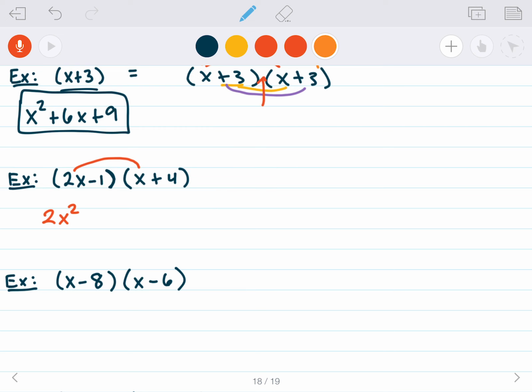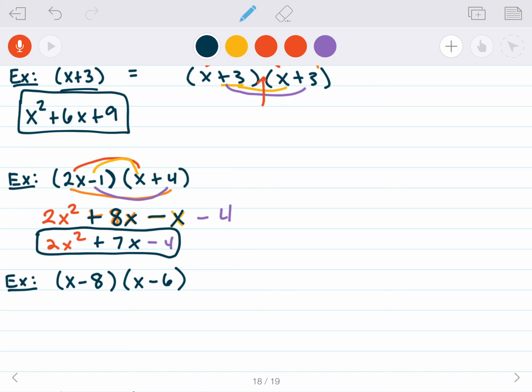Outer, 2x times positive 4 is a positive 8x. Inner, negative 1 times positive x is a negative 1x. Last, negative 1 times positive 4 is a negative 4. Like terms in black. Positive 8 minus 1, that's a positive 7x, so those like terms become positive 7x, and we're done. There is nothing more that we can simplify here.